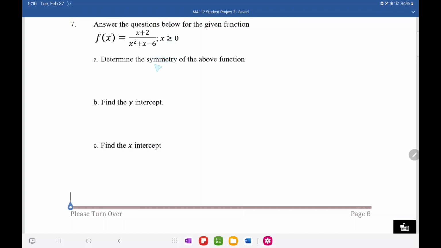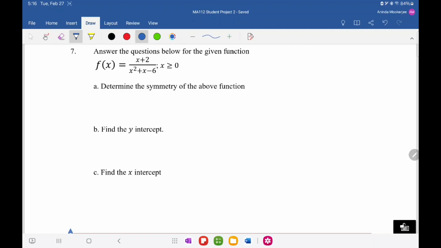The first question says determine the symmetry of the above function. Now recall that there are two types of symmetries possible. One is symmetry about the y-axis, and the other one is symmetry about the origin.